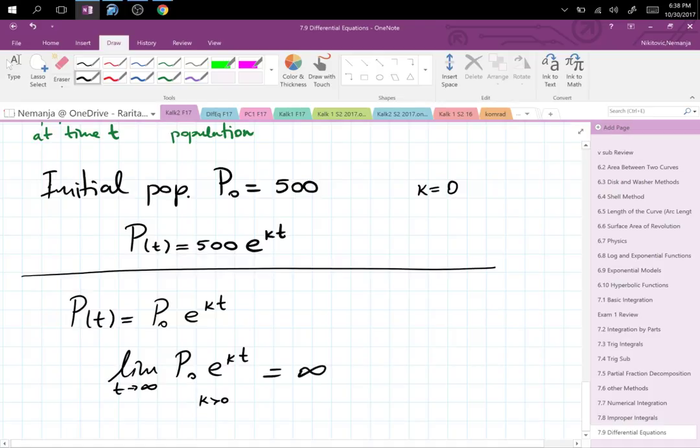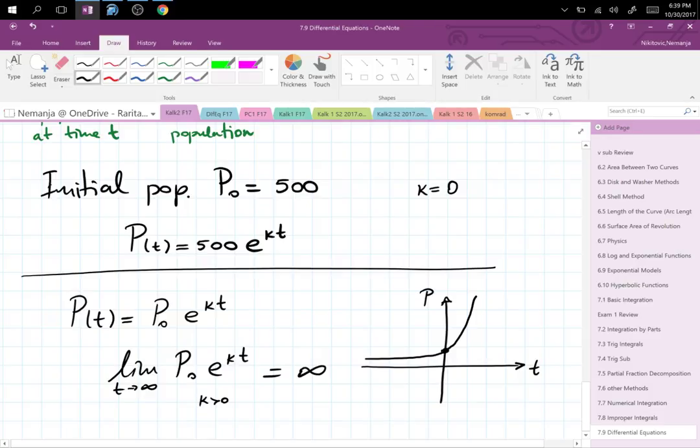And we see that that's a big issue, right? Because you don't have infinite space, infinite resources in terms of food and everything else to keep these rabbits multiplying all the way to infinity.